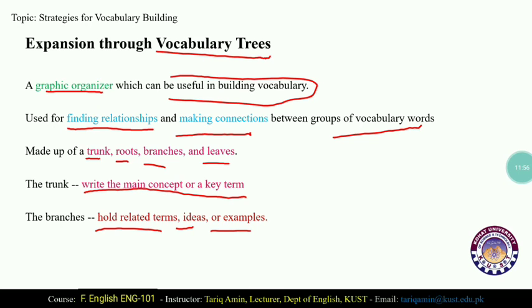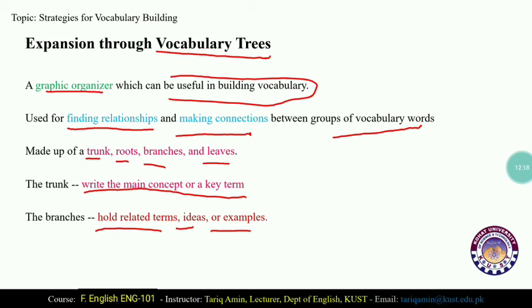Okay, vocabulary trees are very important, and you can expand your vocabulary through them as well. You should search for what a vocabulary tree is on the internet. You will see that it is like a natural tree. It contains a trunk, different roots, branches, and leaves.